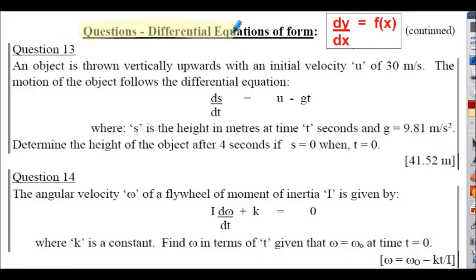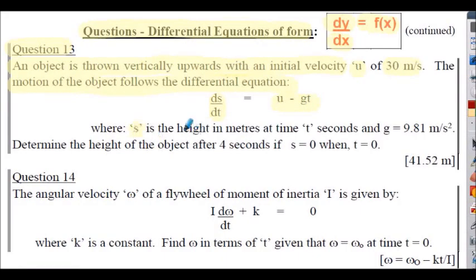And questions continued here related to first order differential equations of the form dy by dx is equal to function of x. Question 13. An object is thrown vertically upwards with an initial velocity u of 30 meters per second. The motion of the object follows the differential equation stated here. ds by dt is equal to u minus gt.